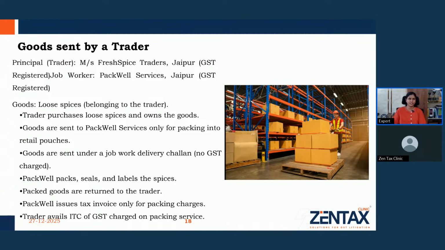These loose spices have been sent for packing, and after packing, the job worker will send back the goods to the principal under a delivery challan. They will pack, seal, and label the spices, and these packaged goods are returned to the trader. Packwell will issue a tax invoice only for the packing charges. Thereafter, the trader can avail the ITC on the job work charges, that is, the packing charges charged by Packwell Services.